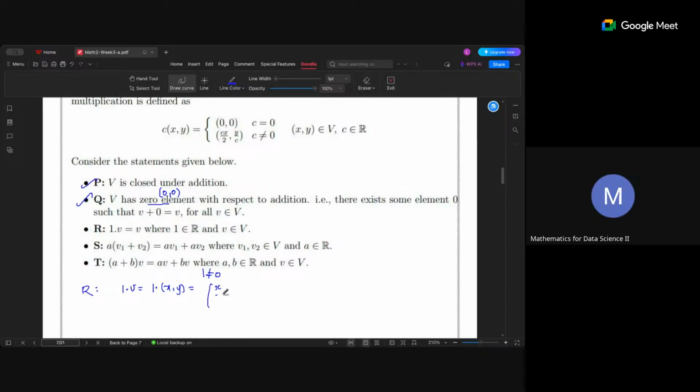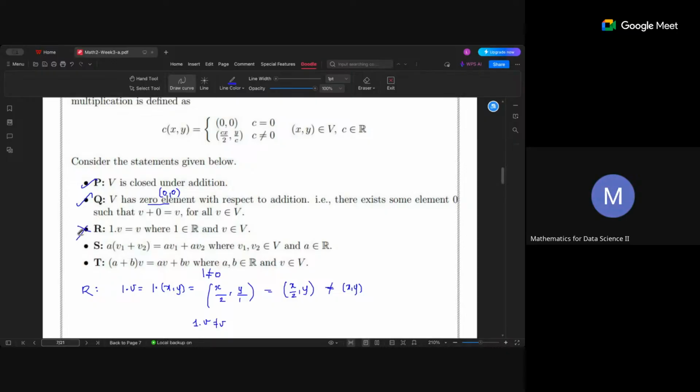So it is (x/2, y). This is not the same as (x, y). So 1 dot V is not the same as V. So whether R is true or not? Ma'am, it's false.